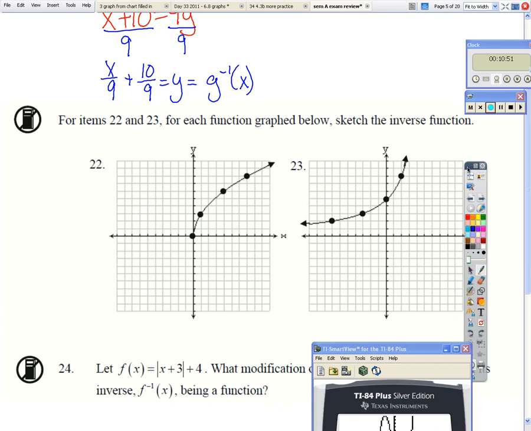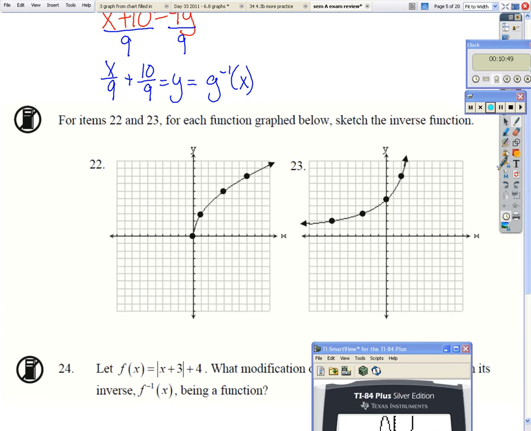To sketch the inverse, I have to switch every x and y. So this point is at 1, 3, so I'm going to graph 3, 1. And this point is at 4, 6, so I'm going to graph 6, 4.